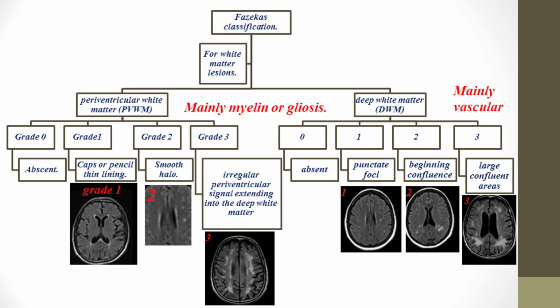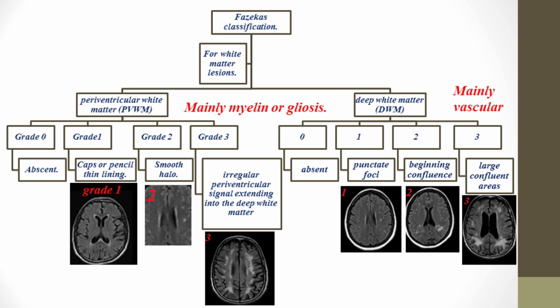In case of periventricular white matter, we have 4 grades. Grade 0, absent. Grade 1, presence of caps or pencil-thin lining. Grade 2, smooth halo. Grade 3, irregular periventricular signal extending into the deep white matter.